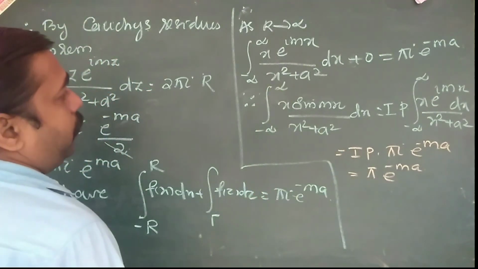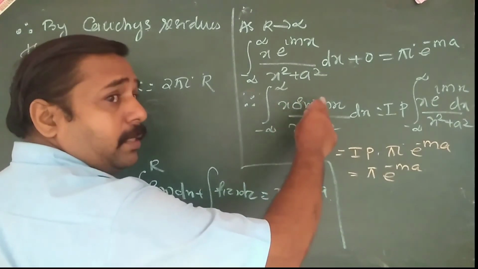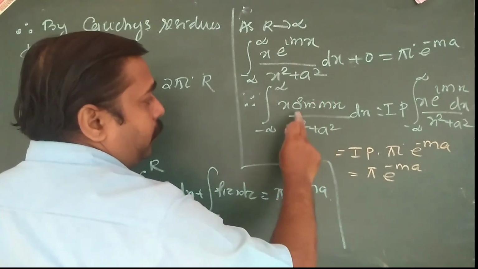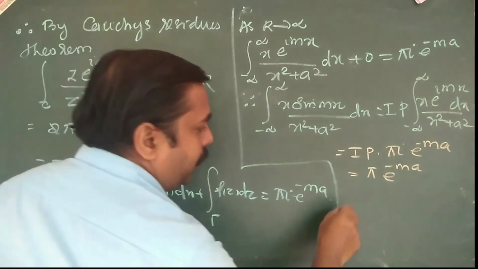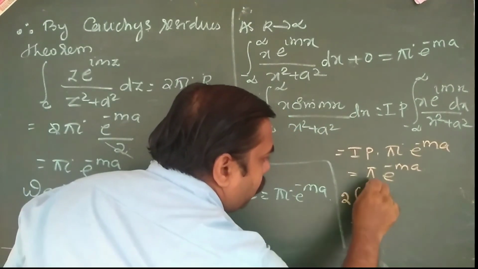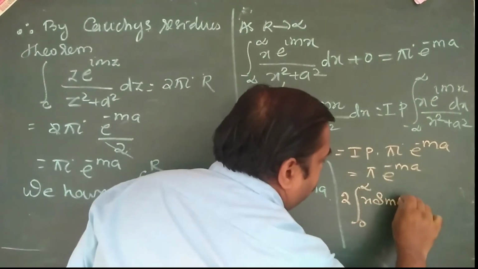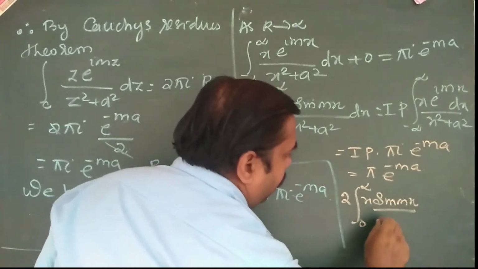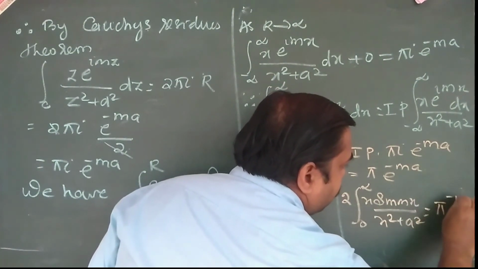So what is our question? The question is from 0 to infinity. Since x is an odd function and sin theta is an odd function, odd and odd is equal to even, so this is fully even. So that is 2 into the integral from 0 to infinity of x sin mx by x square plus a square is equal to pi e raised to minus ma.